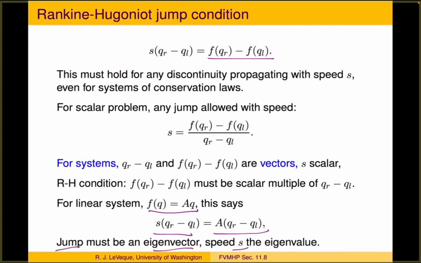So this condition that we've seen for linear systems, that every jump discontinuity has to propagate with a speed that's some eigenvalue of the coefficient matrix, and the jump in Q across the wave has to be a corresponding eigenvector, is just a special case of this Rankine-Hugoniot condition for systems. For nonlinear systems, though, it gets more complicated.